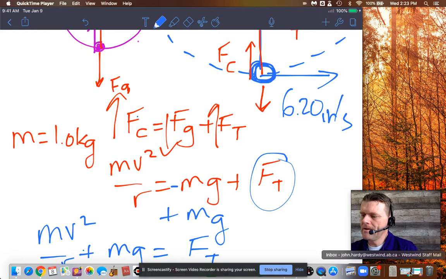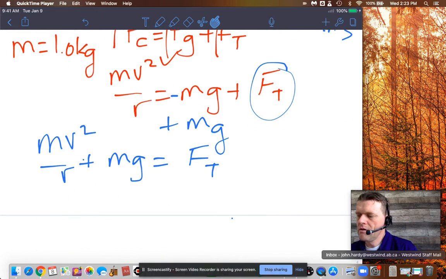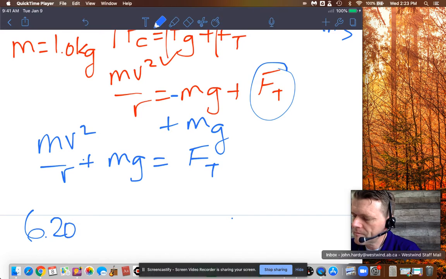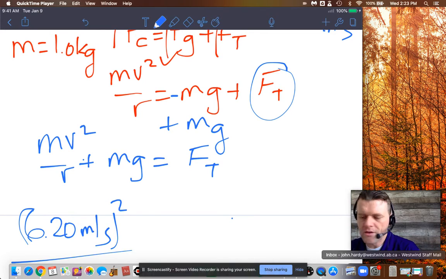Okay, and substituting in 1 kilogram for m, the velocity in this question is 6.2 meters per second. And so that'll get squared. We divide that by the radius, which it gave us, 2.75.